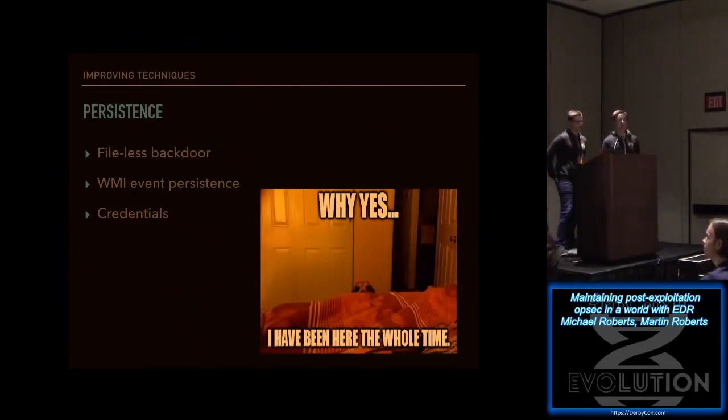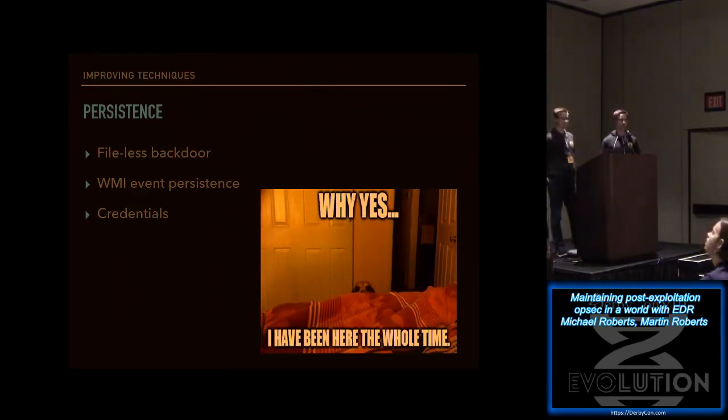Persistence: fileless backdoor, so storing it completely in the registry or another part of the system, so it doesn't write to disk. Obviously, antivirus solutions immediately scan everything on disk, and any other endpoint detection will immediately catch something written to disk. So go as fileless as you can. Credentials, Martin briefly mentioned, credentials obviously being the best form of persistence.